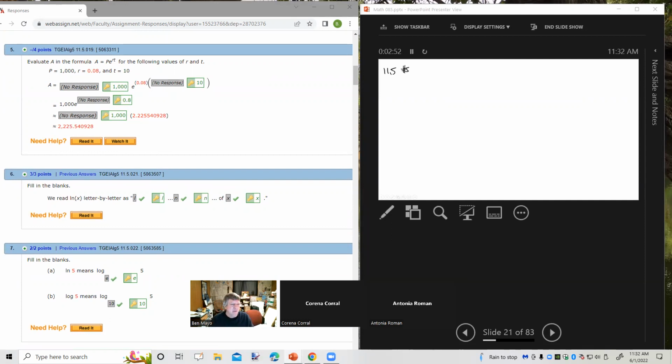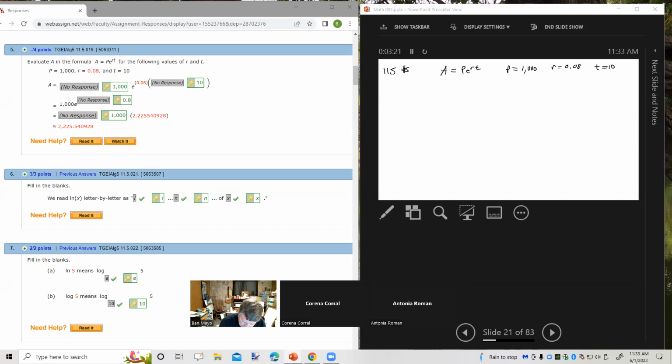This is another case of fill in the blank where, if you're doing it the way I had us do it in class, where you just punch it all into your calculator, you don't necessarily do the individual pieces. But let's take a look at what we've got here. So we've got this formula, A equals P times e to the rt power. You're told that P is 1,000, r is 8% or 0.08, and t is 10.